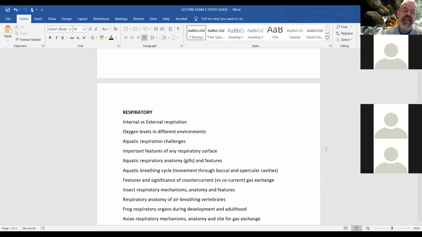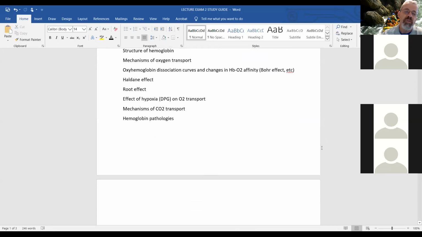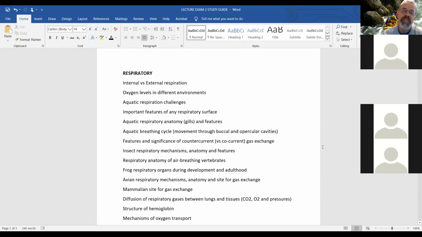All right, next we went into respiratory system. And of course, it's a nice follow-up to the cardiovascular system because you need the cardiovascular system to deliver oxygen, right? So there's a codependence or an interdependence of each other. So there's some terms I introduced you to. We spoke about internal versus external respiration.